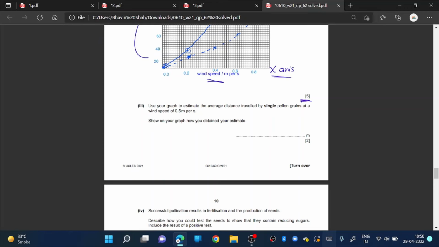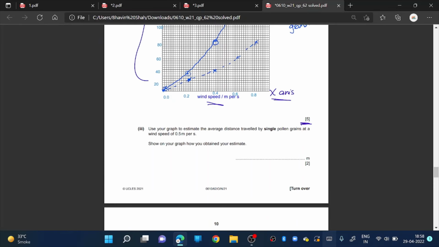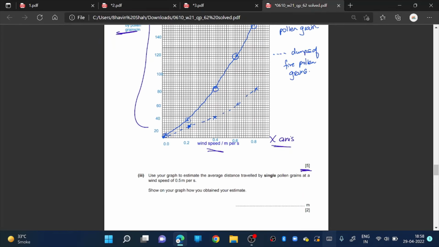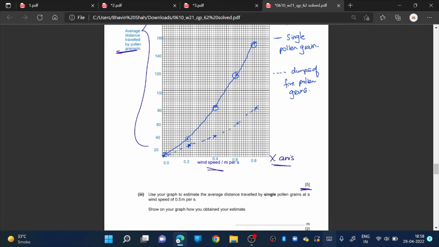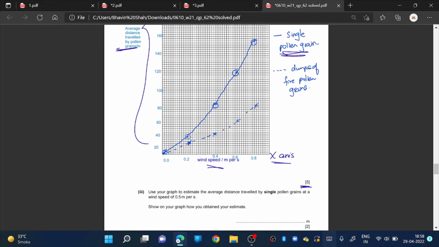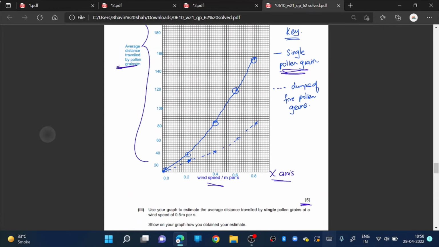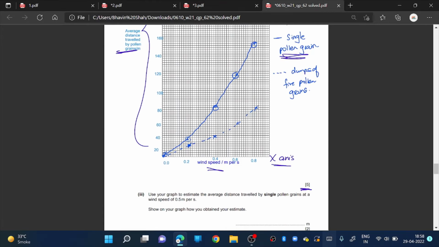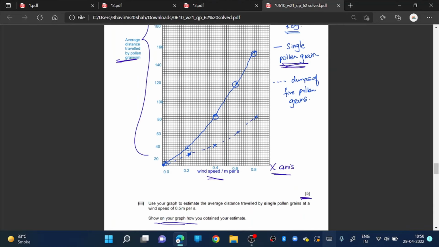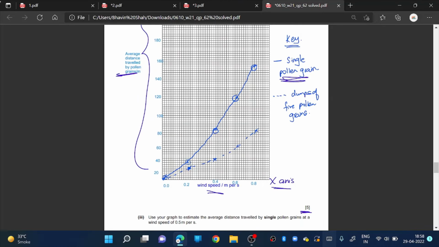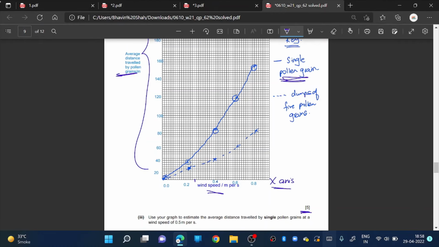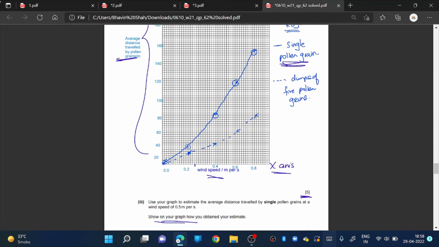Now, use the graph to estimate the average distance traveled by a single pollen grain. So we are looking at this line as the single pollen grain at a wind speed of 0.5 meters per second. Now, when they say show on your graph how you have obtained your estimate, so 0.3, 0.4, and we are looking at 0.5.